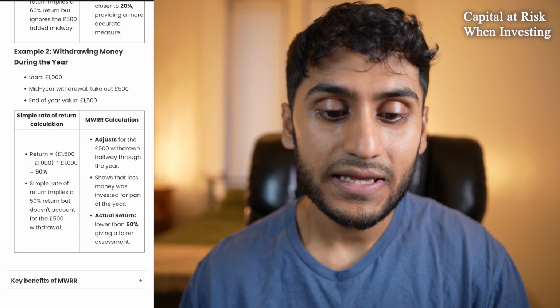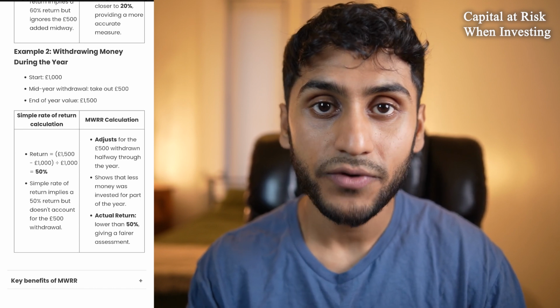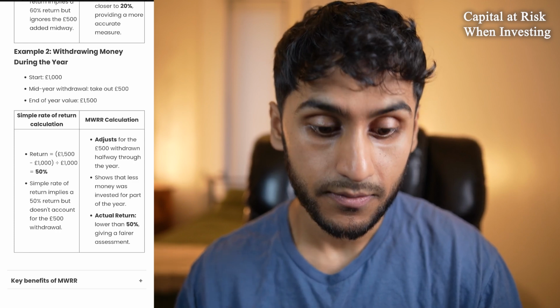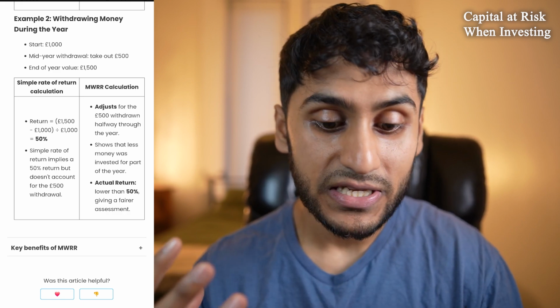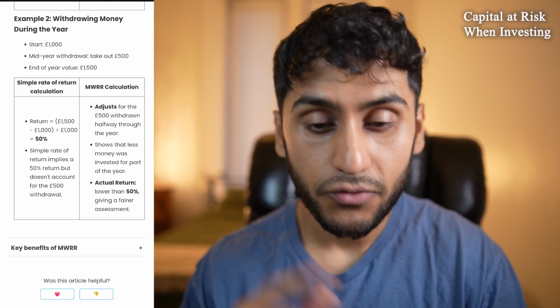Conversely, if you withdraw money throughout the year, you can have a different value based on your simple rate of return or money weighted rate of return. For example, if you start the year with £1,000, you take out £500 mid-year, but your end value is £1,500. Of course, you've made quite a bit of gain there, but with a simple rate of return calculation, your return will be £1,500 minus the £1,000 divided by £1,000.